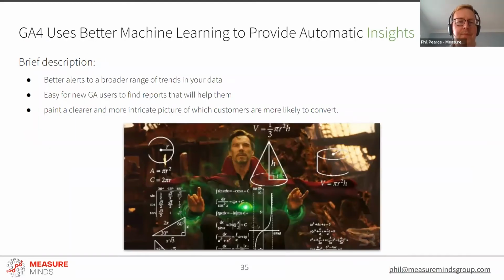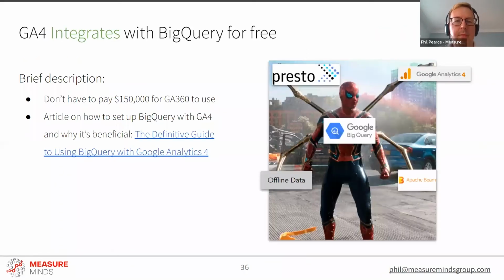And alerts are hourly rather than daily, and there's potentially more flexibility and also some cool features with predictive audiences and the machine learning piece baked into it. And obviously, a free connection to BigQuery, which used to cost a crazy amount of money.